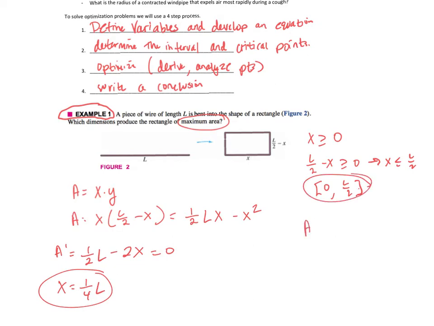We always take those and we put it back into the original equation to determine which one will yield the largest area, the maximum area. So if x is 0, then we just get 0 for our area. If x is 1/4 L, then we are going to get 1/16 L squared. Right, I'm plugging it into right here.